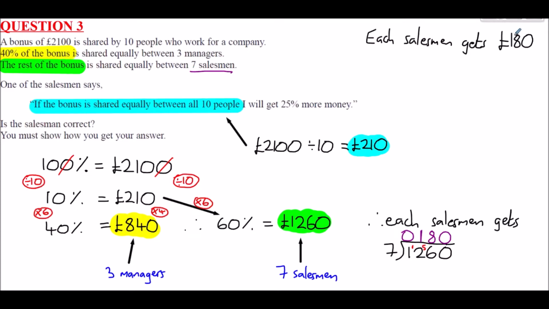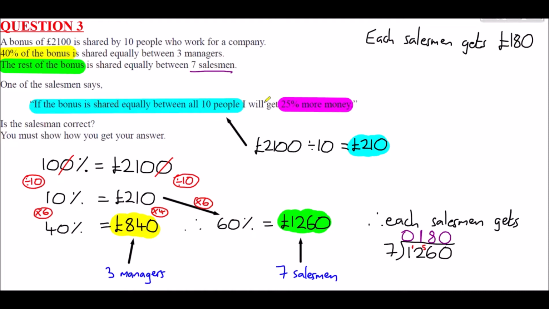So he would be getting more, but would he be getting 25% more? So what we need to do now is to work out 25% more money than what he's currently getting. And the way we do this is we base the percentage off the original amount that's being received. So this amount is £180.